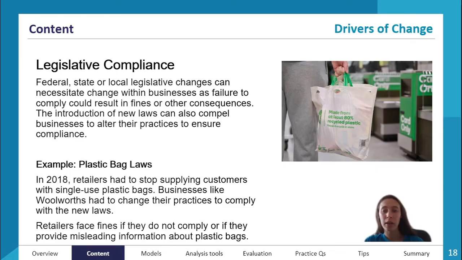So it can be direct laws that a business just has to change, and it can be the business making decisions, I guess, ahead of those laws. So if things are changing in the legal environment, the business might make a change before the new laws actually come into place.